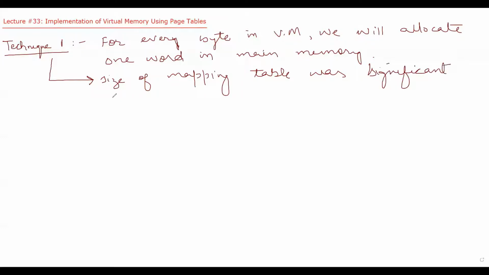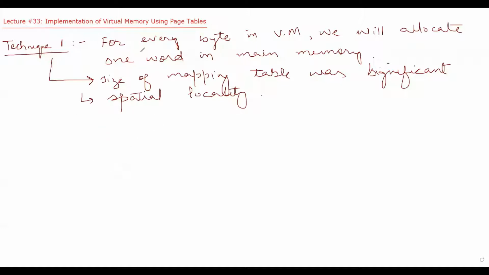The second was that it loses spatial locality. Okay. Then we said that instead of having this technique, let's have a different methodology. And that methodology was page tables, implementing virtual memory using page tables. And this particular lecture is about this particular scheme.